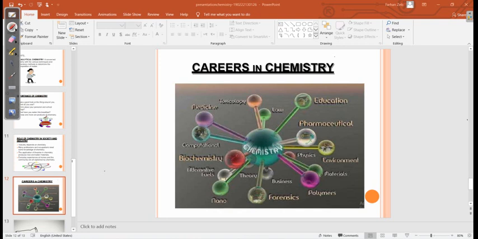Environmental chemistry, physical chemistry, you can make laws by using physical chemistry. Forensic chemistry is a very emerging branch of chemistry, and nanochemistry is a very promising branch of chemistry. Also biochemistry, you can go to any medical field. You can go anywhere with a chemistry degree, as it's very important in every field.